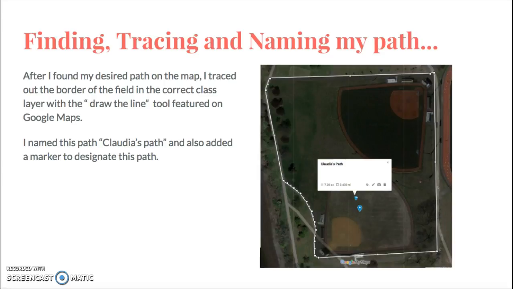So to give a brief introduction about how I chose my path, this path is roughly 5 minutes away from my house. Usually when I go running, I will choose this path. Or as you can see in this little picture, this track over here, I'll sometimes run on that.